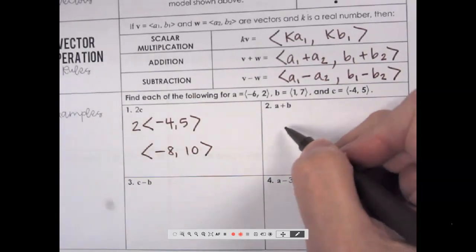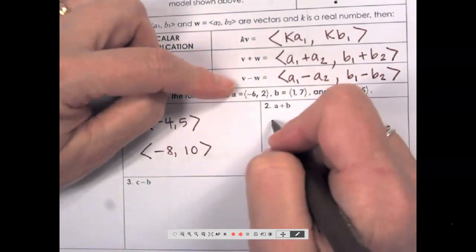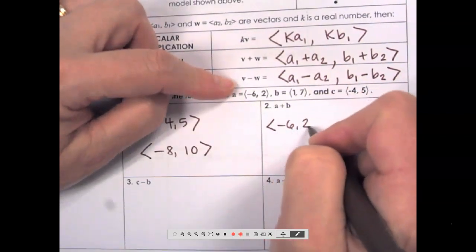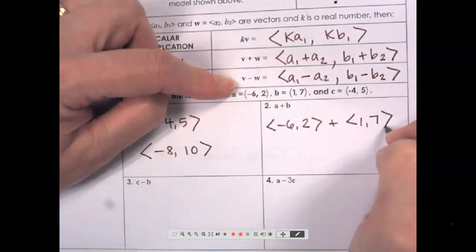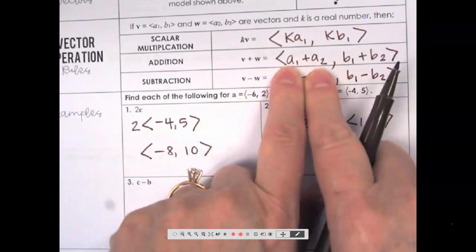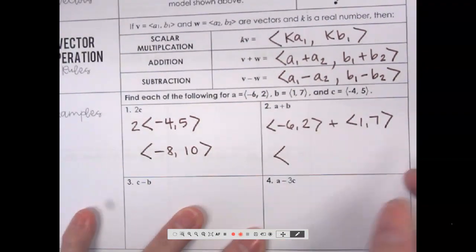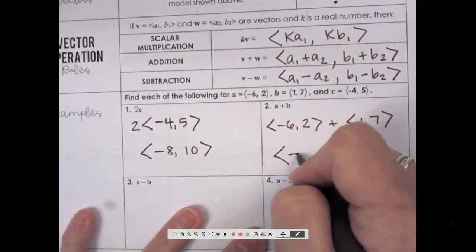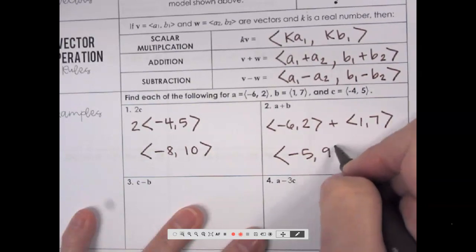Okay, if I take vectors a and b and I want to add them, then I have -6, 2 plus 1, 7. I take the first components and add them. Take the second components and add them. So my sum is -6 plus 1, -5, 2 plus 7, 9.